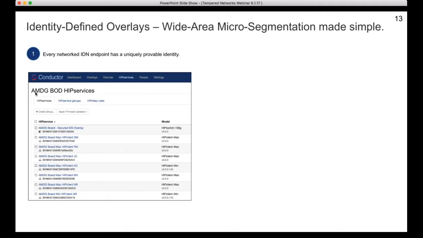The way Tempered Networks works and our orchestration engine of policy is very simple. This is a big part of our overall value proposition, it enables IT to do more with less. What you see here on the left is every HIP service registers itself to the conductor once it's deployed, and you accept or grant it access.